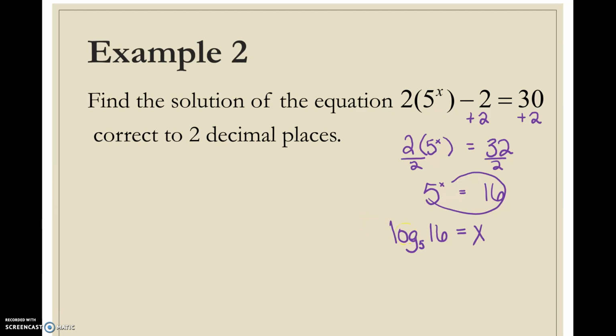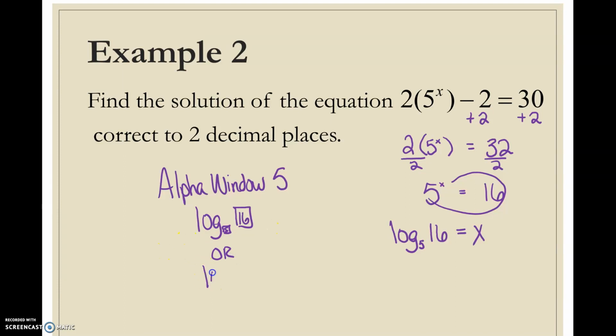If you have a fancy newer calculator, you can do alpha window 5, and then your calculator gives you this fancy little thing like this, and you can fill in the 5 in the little box and the 16 in the big box and get your answer. If you have an older calculator or a scientific calculator, you can do this using change of base.